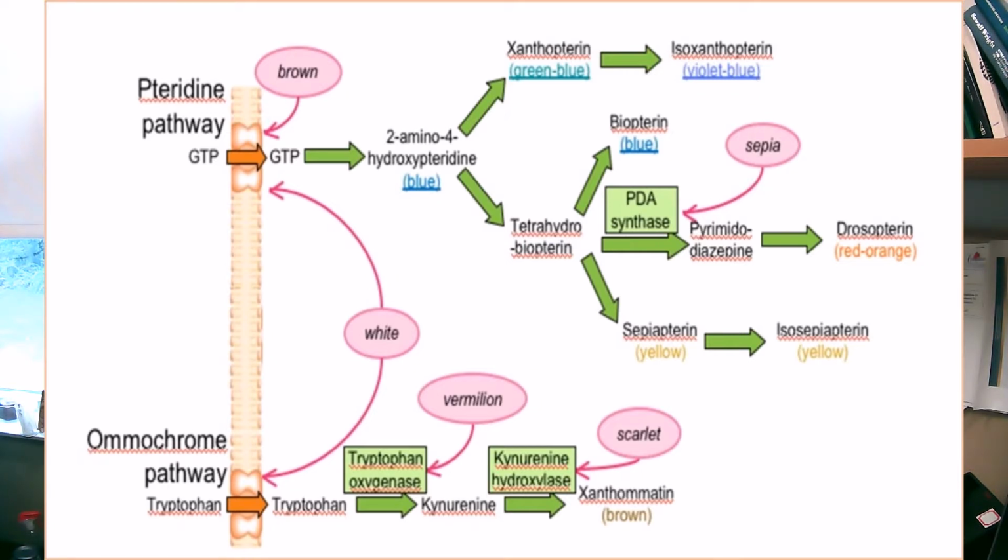If the pteridine pathway is cut off at the level of GTP, this is actually a GTP mutant, eliminating the entire right-hand set of pathways, the only color that can be expressed is from the ommochrome or tryptophan metabolism pathway, and so we get brown-eyed flies.